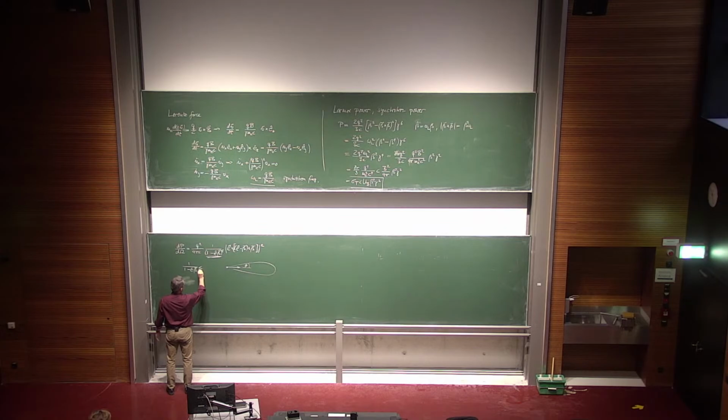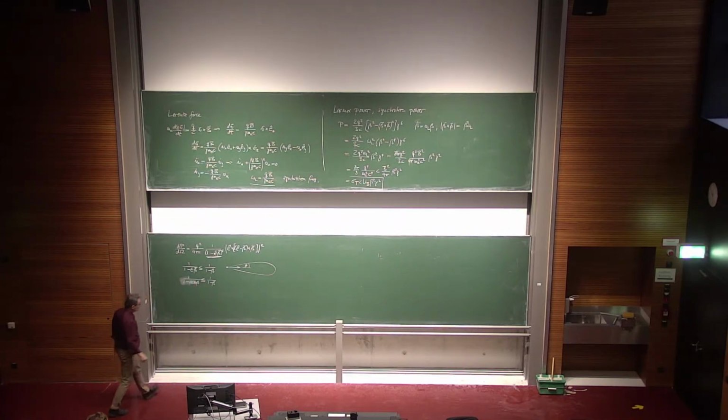This is obviously less or equal than 1 over 1 minus beta. There's a cosine in between, and the maximum value of this cosine is 1. All right. I'm going to rewrite this as 1 minus cosine theta times beta less or equal 1 over 1 minus beta.